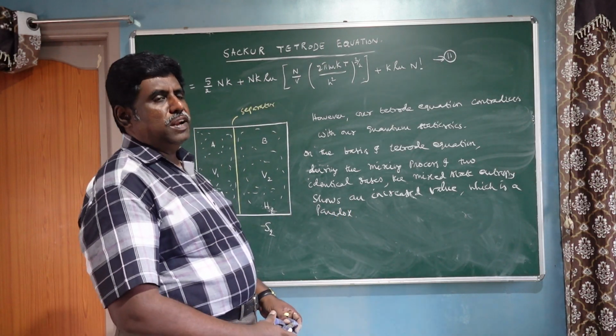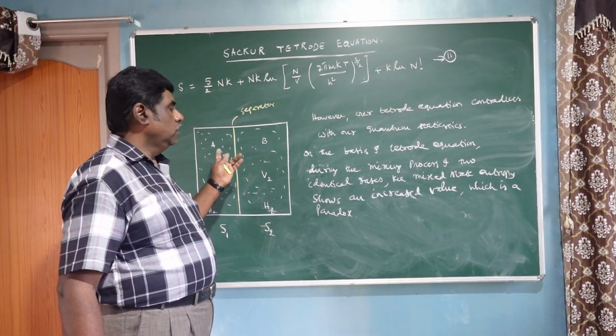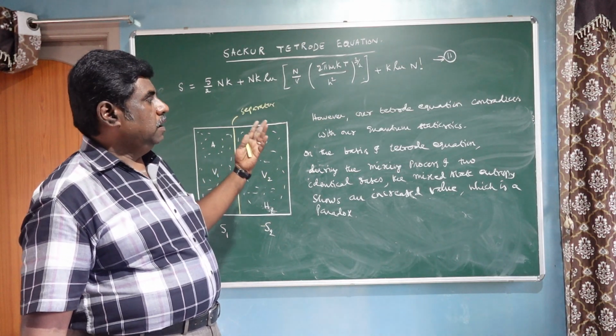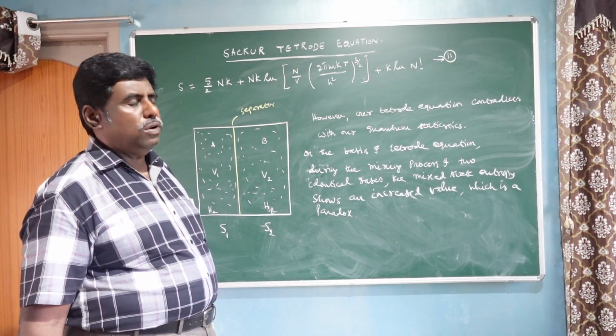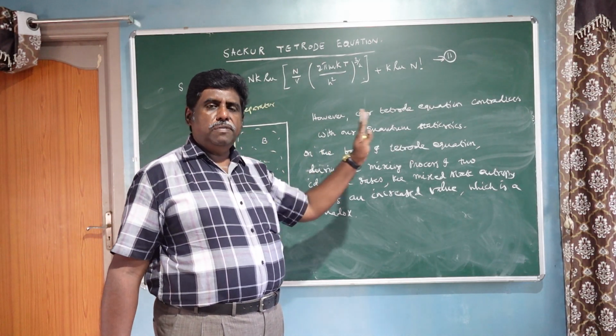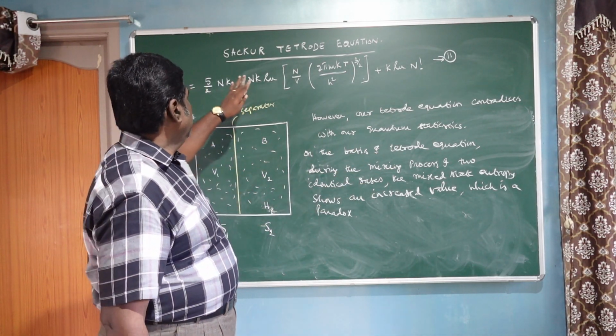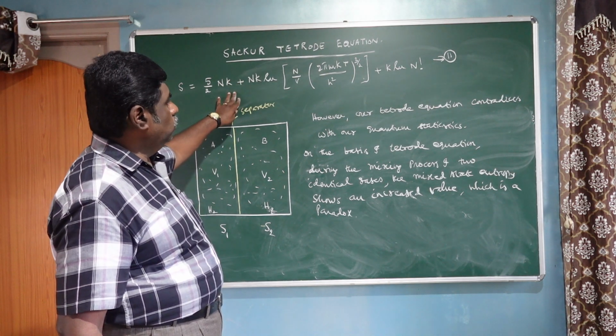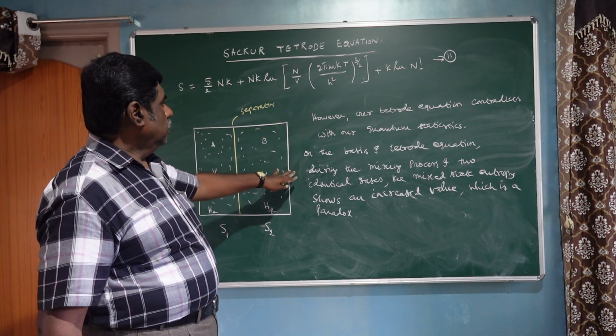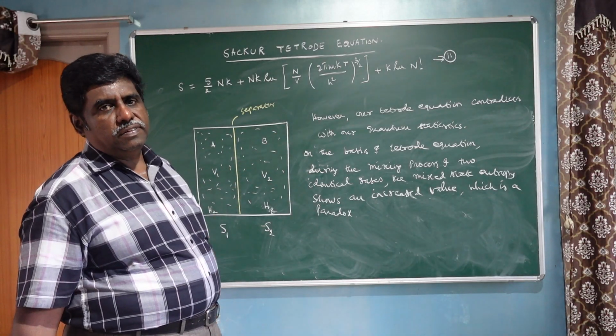On the basis of quantum statistics, if you mix two identical gases, the mixed state entropy should equal the sum of the entropies before mixing. But if you apply our Sackur Tetrode equation, the mixed state entropy increases.